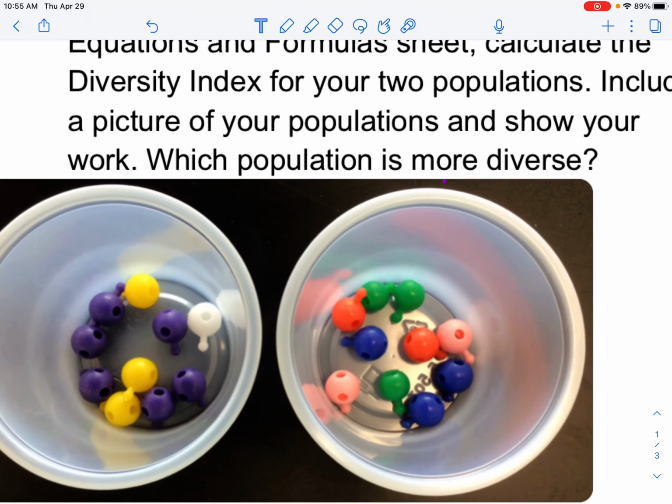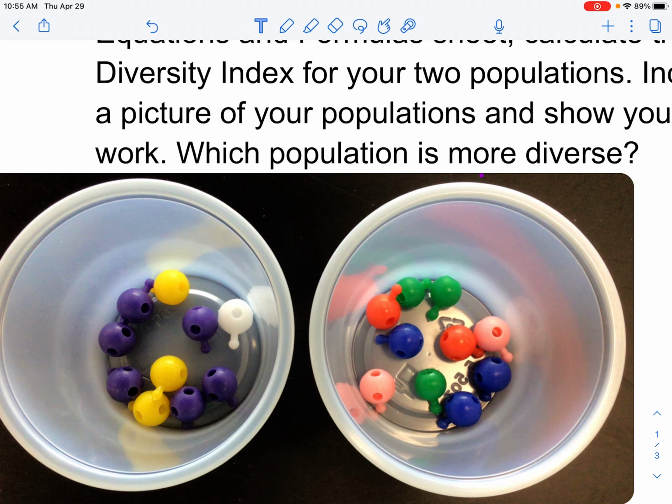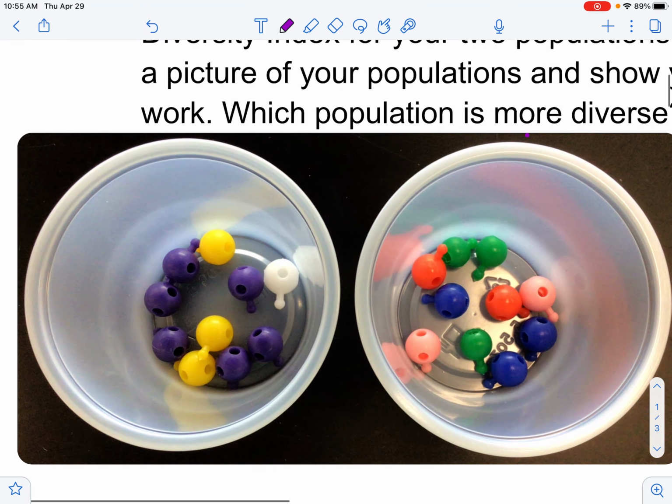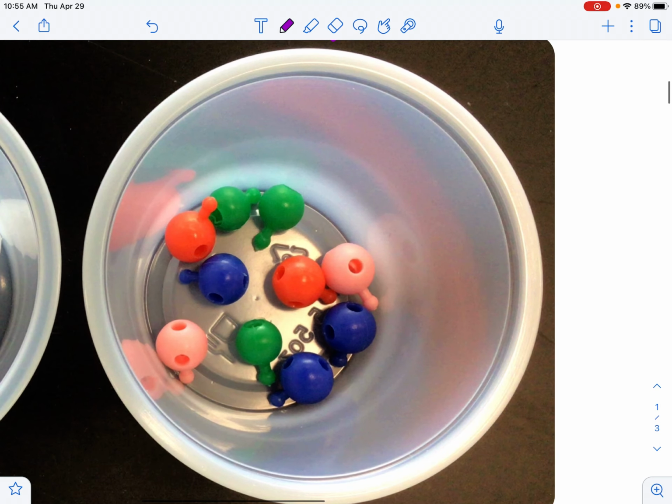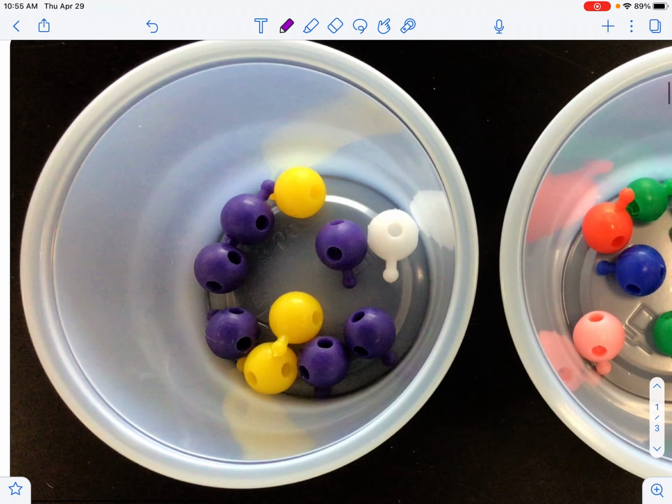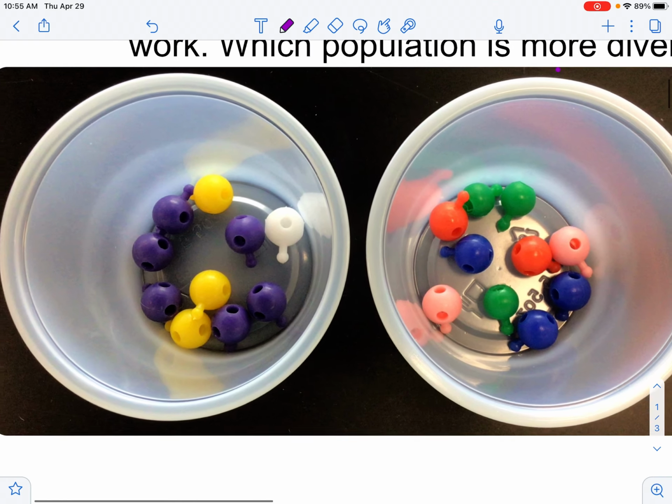Between these two containers here, of course, the NFL draft is occurring today, so here's a little bit of Vikings purple and yellow. In this one, we have three varieties, or we'll call them species: the purple, the yellow, and the white, three species. In this one, we have four species. So you would say that's more diverse, 4 species versus 3, and that would be true.